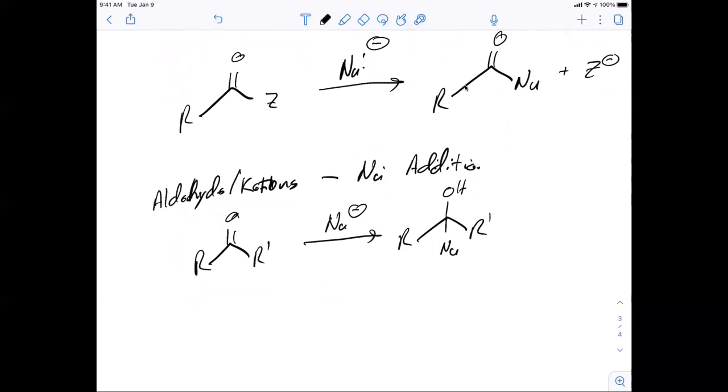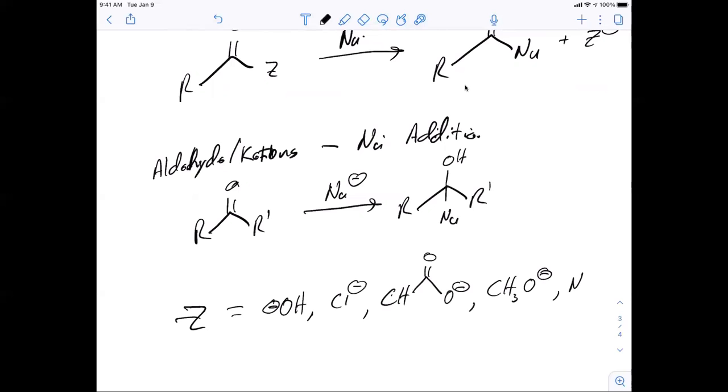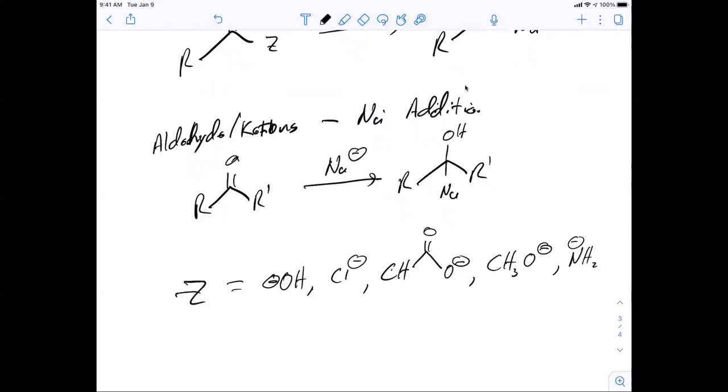The main difference here is our Z, which in the case of a carboxylic acid would be OH, chloride, the anhydride, and all of these are decent leaving groups.